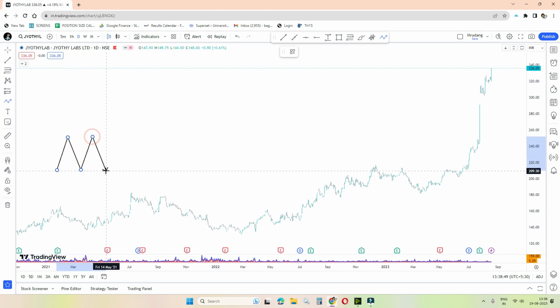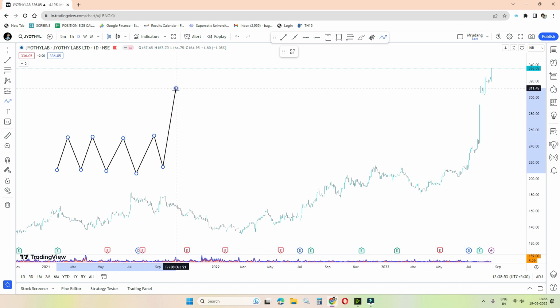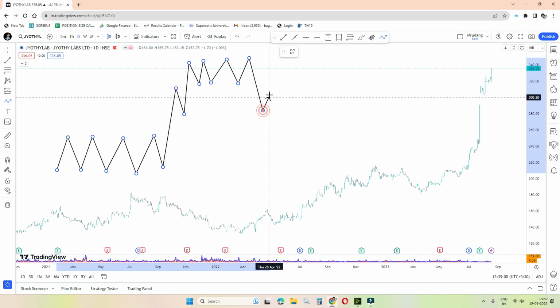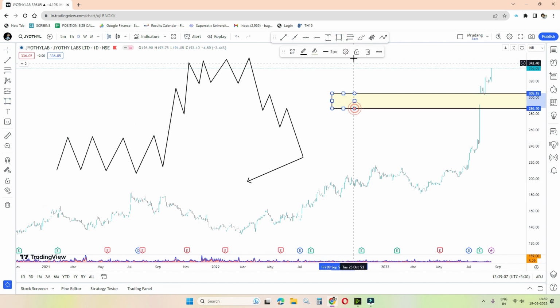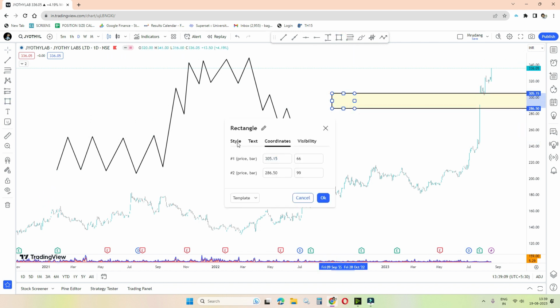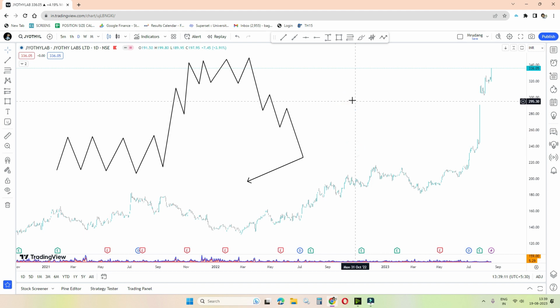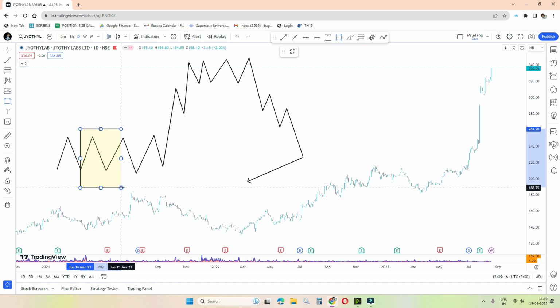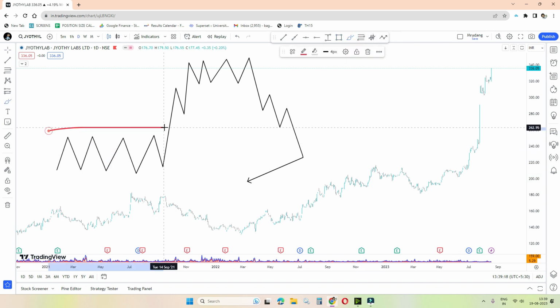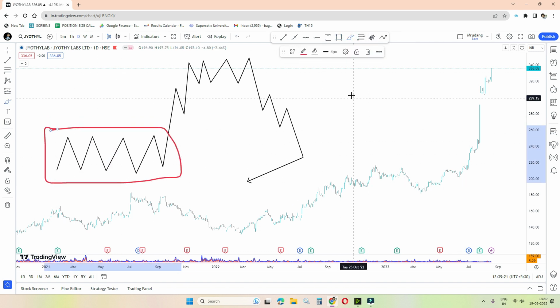Here in this scene, just let me fix it. In this zone, you can see the market was not going anywhere.